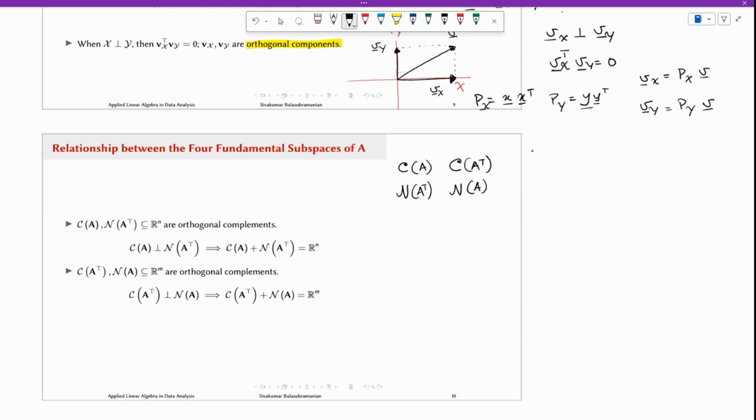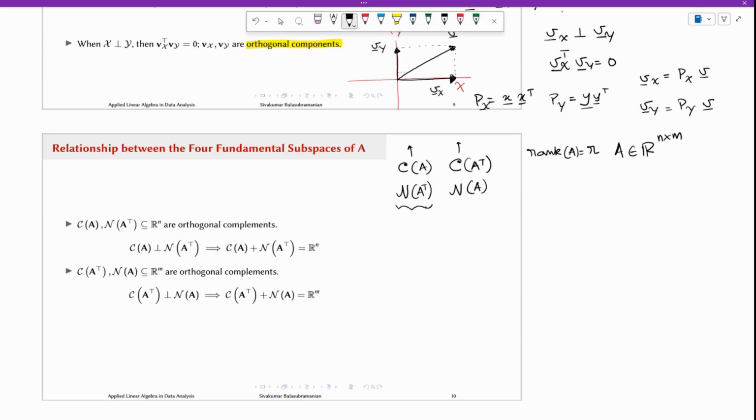And if the matrix A has rank R, and let's say A belongs to n cross m, what can we say about the dimensions of these subspaces? What is the dimension of the column space and the row space?